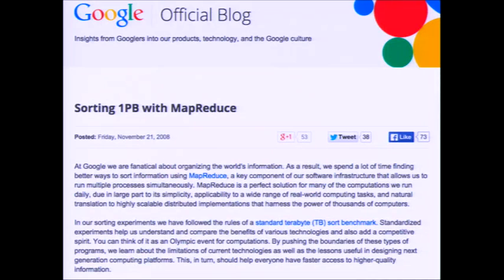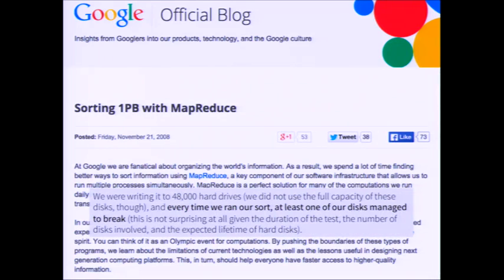So there's one interesting thing. Back in 2008, Google sorted a petabyte on their MapReduce system. What they found was they were using about 48,000 hard drives to sort a petabyte of data, and if I remember correctly, it took about 6 hours to sort it. And there's one interesting tidbit: every time they ran the sort, in that span of, I think, 6 hours, at least one of the 48,000 hard drives would fail.